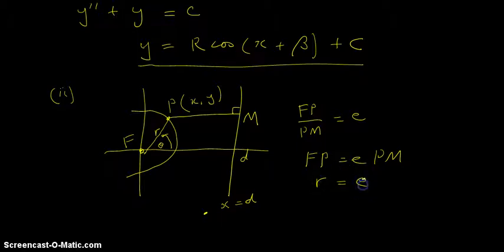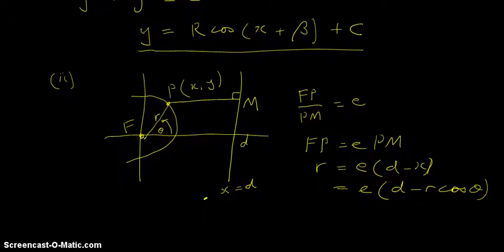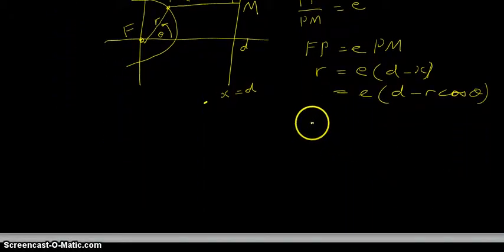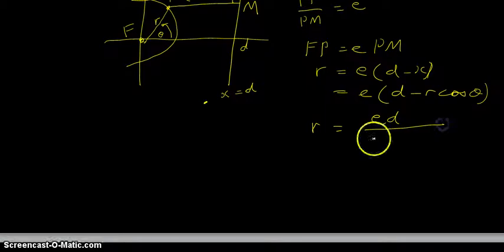FP is r, PM is d minus x, and the x is just r cos theta. Now it just requires a little bit of rearranging. r would be ed over 1 plus e cos theta. And so there is the equation of the conic.